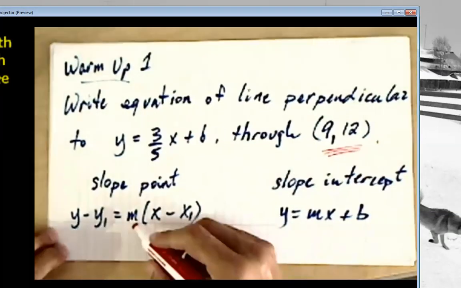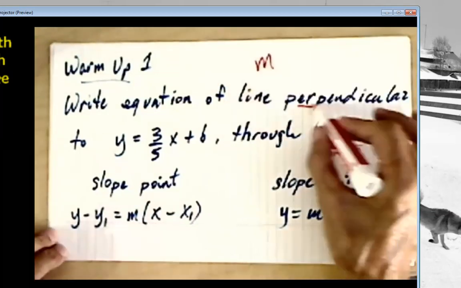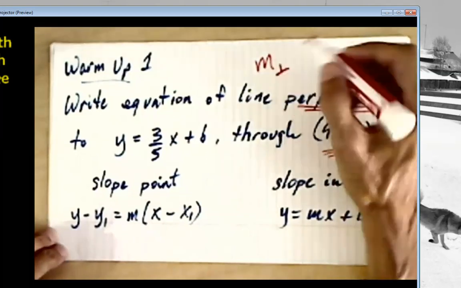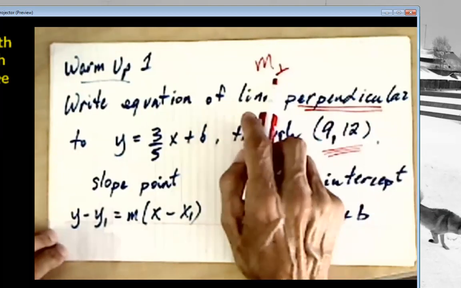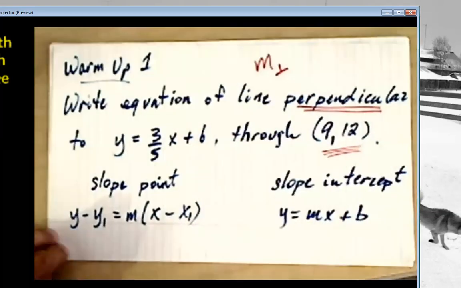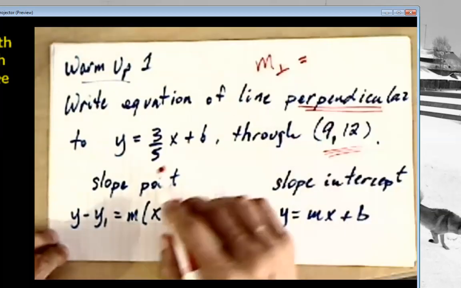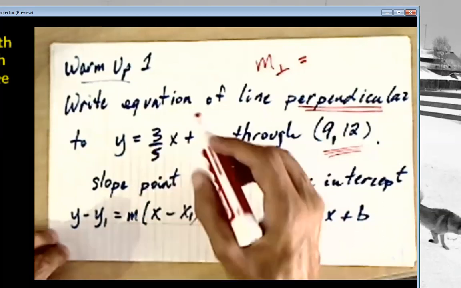But we got to figure out what this new slope is going to be when we have a perpendicular line. And if you remember, the symbol for perpendicular is an upside down T like that. So with the original slope here in this equation being? What's up there?